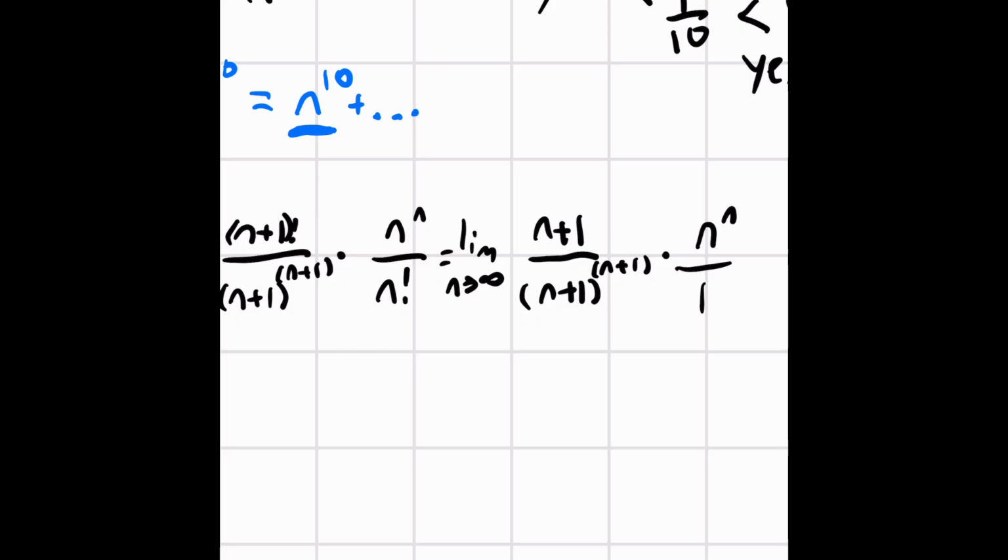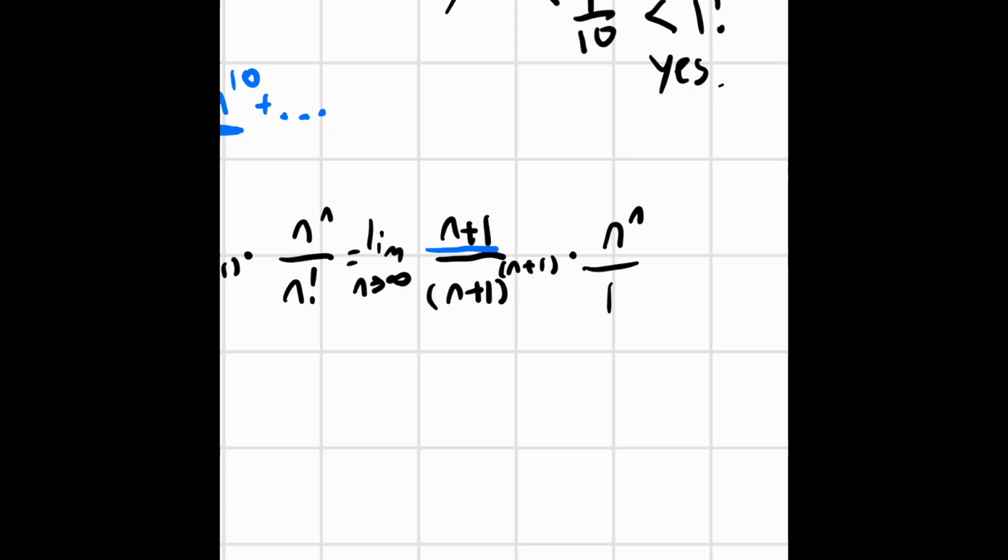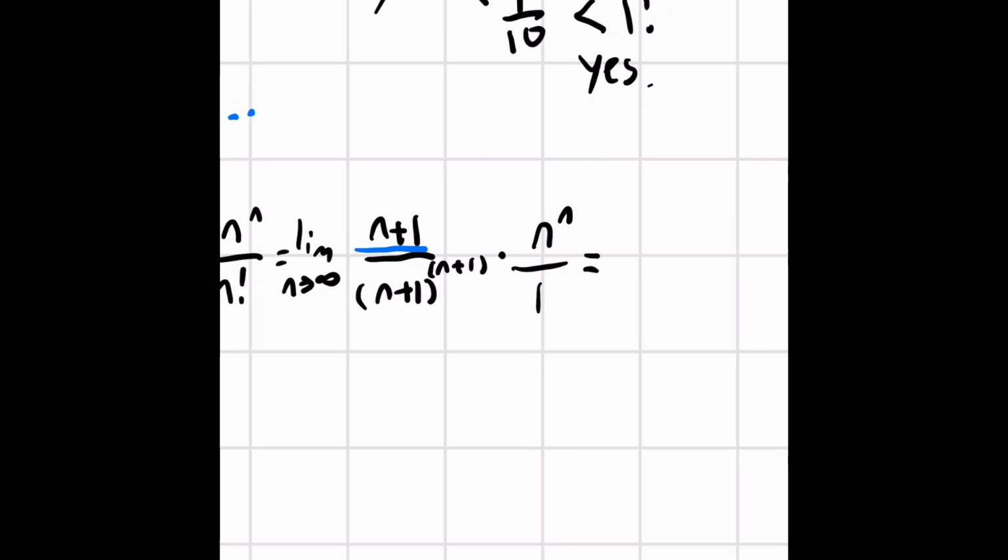Now, something interesting happens here. Notice that this n plus 1 is being divided by n plus 1 to some power. So again, recognize raising something to a power is saying it shows up that many times. You're multiplying all those pieces together. So you can cancel, right?